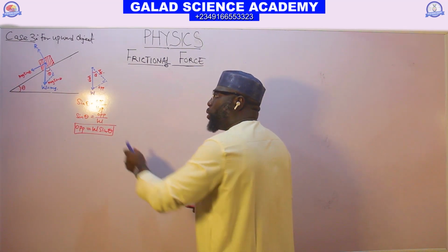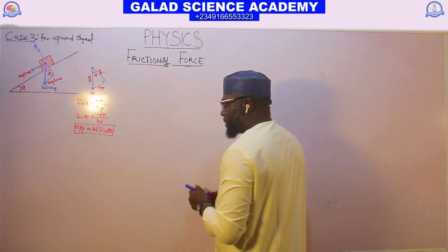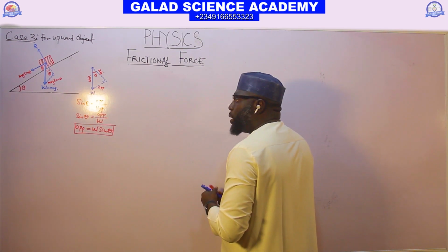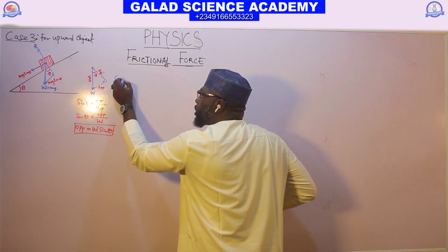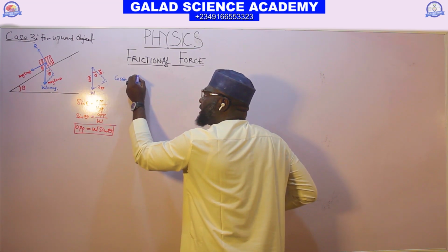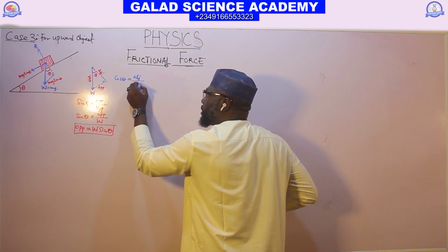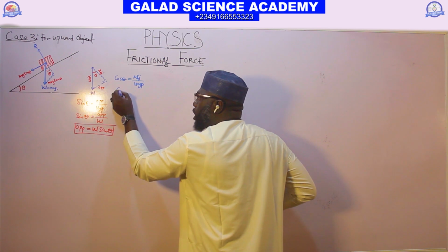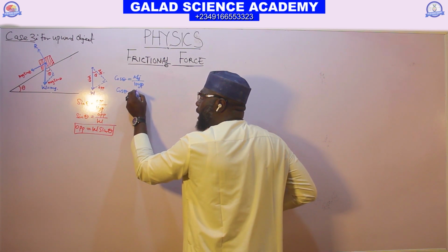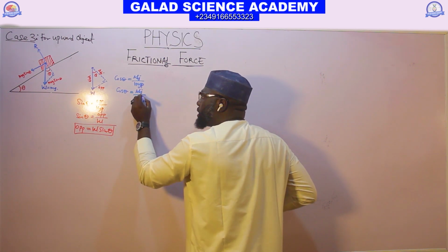So let us find this side. By finding this side, let me use cos theta, equal to the adjacent over the hypotenuse. So cos theta will be the adjacent over weight.